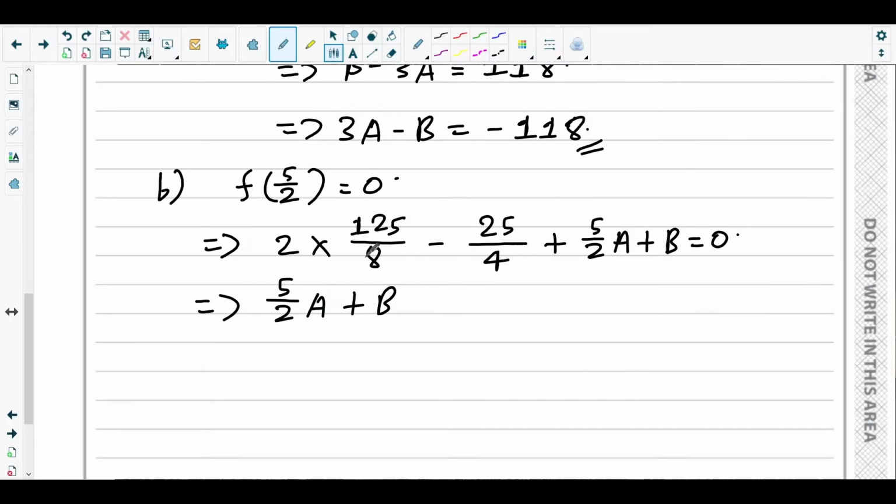So 125 minus 25 is 100, and 100 over 4 is 25, plus 5 over 2 a plus b equals 0.